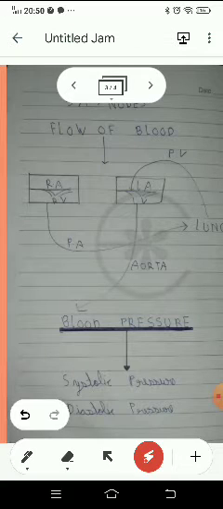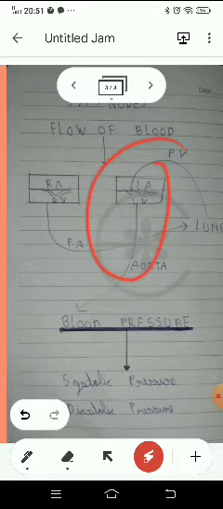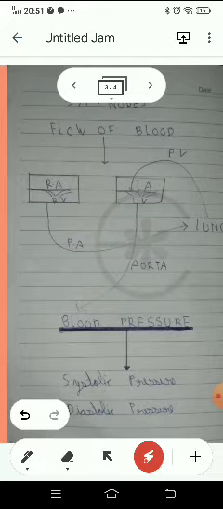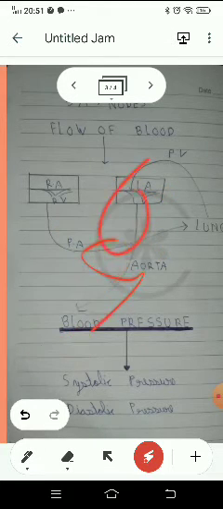Now I will come to a very important thing about the cardiac cycle. Remember, a cardiac cycle basically consists of one systole and one diastole. Systole is termed contraction, diastole is termed relaxation. One complete cardiac cycle, with one systole and one diastole, lasts about 0.8 seconds.